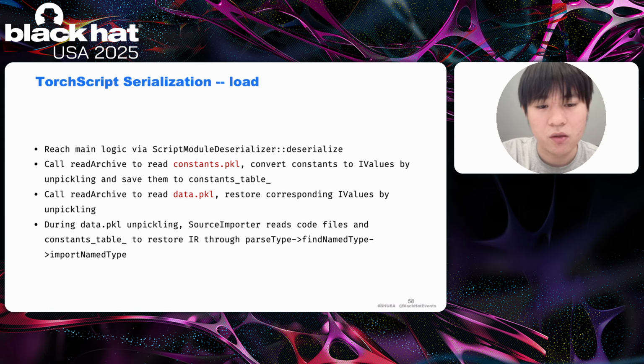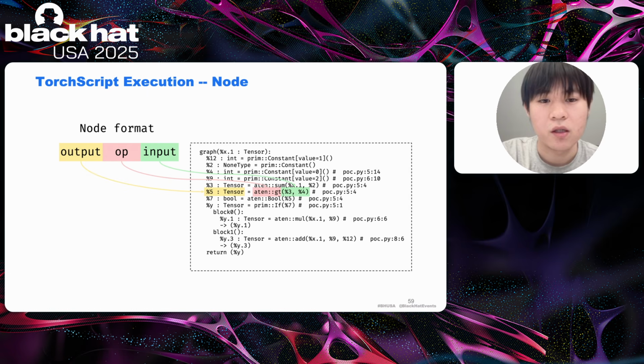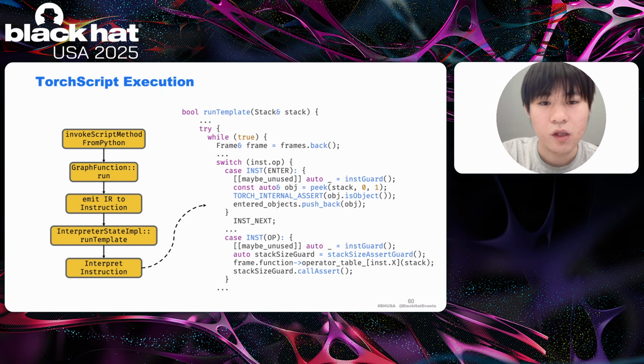Let's take a look at how TorchScript is running. The IR graph consists of many nodes, and every node contains three parts: input, output, and opcode. Opcode is the key to execution. The process of executing TorchScript is to iterate through the IR and convert it into instructions, then interpret the instructions.